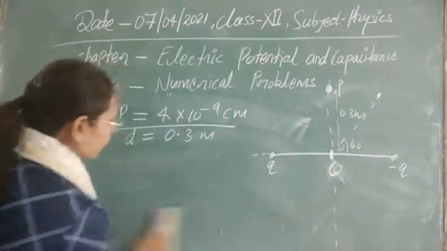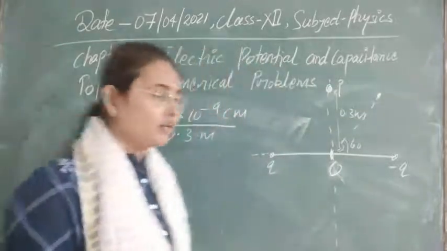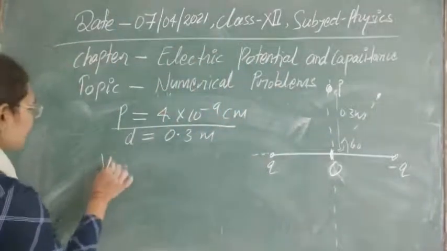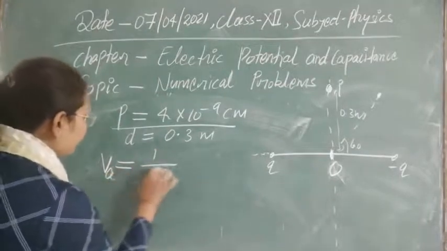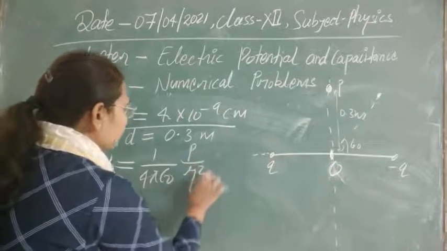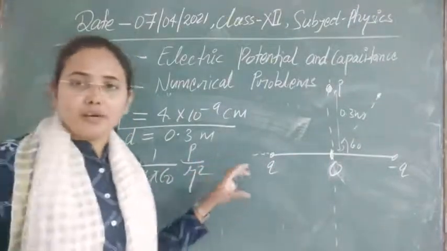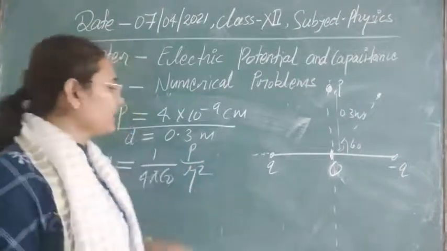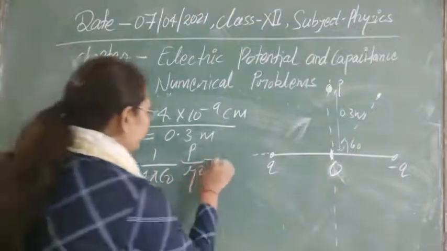For the first case, the axial point, the potential is given by 1 upon 4 pi epsilon 0, p divided by r square. At any axial point due to a dipole, we have already calculated the potential, so we can use the formula directly.